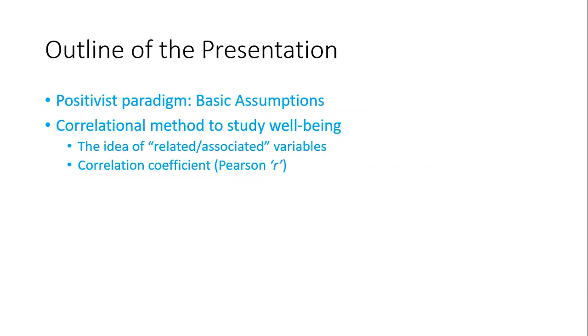Importantly, we'll also look at the correlation coefficient, which is nothing but the index of strength of relationship between different variables, particularly two taken at a time. That's the general correlation process that we happen to understand with the help of Pearson R.